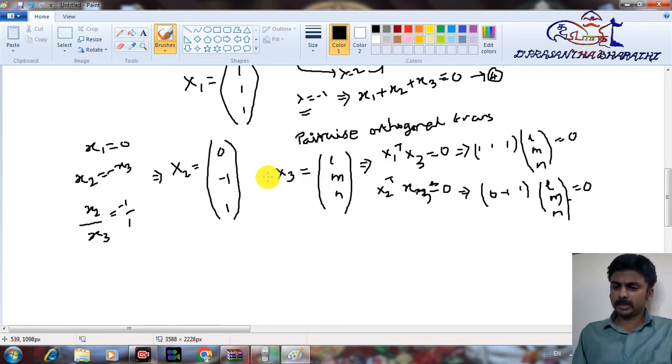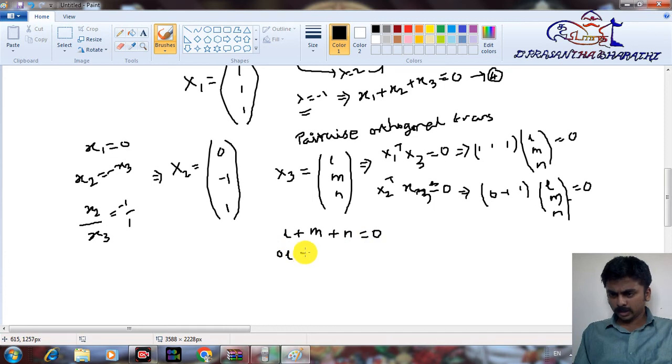So now on multiplication we get L plus M plus N equal to 0, and after that 0 L plus minus 1 M plus 1 N equal to 0.